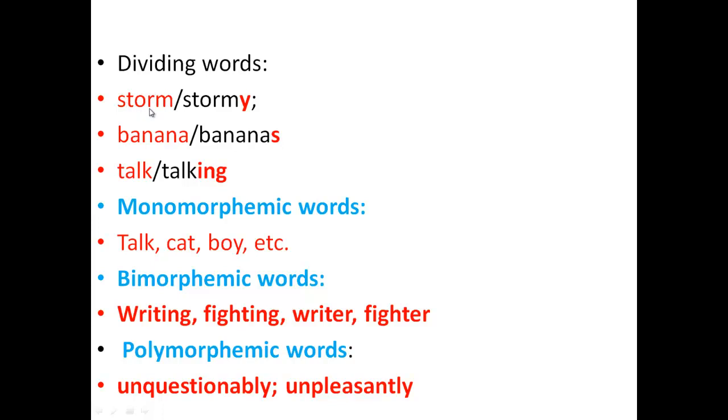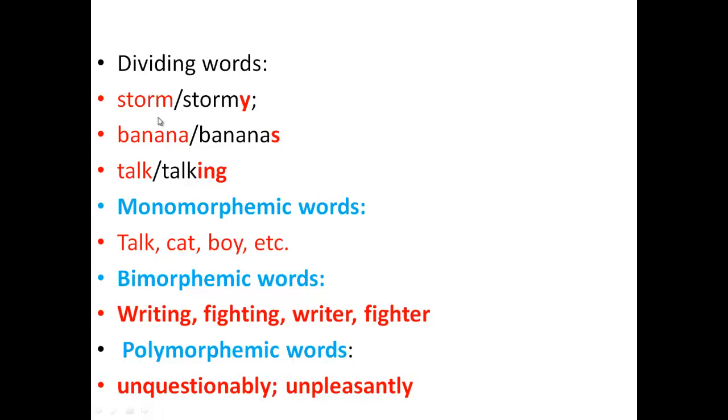Now if we divide it further, we are not going to obtain anything which has meaning. But what about stormy? In stormy we already have the word storm, the morpheme storm, which is already identified as a meaningful unit, plus this y, which, as you know, can help us derive the adjective out of the noun storm.